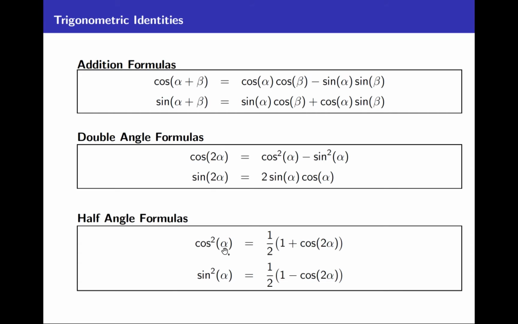And this equation allows you to convert a cosine squared alpha to something that doesn't have a square, which is potentially simpler. And the same for this one. So again, have all of these trig identities on this page on your radar. Maybe get a little practice with them, but don't worry too much about memorizing them.